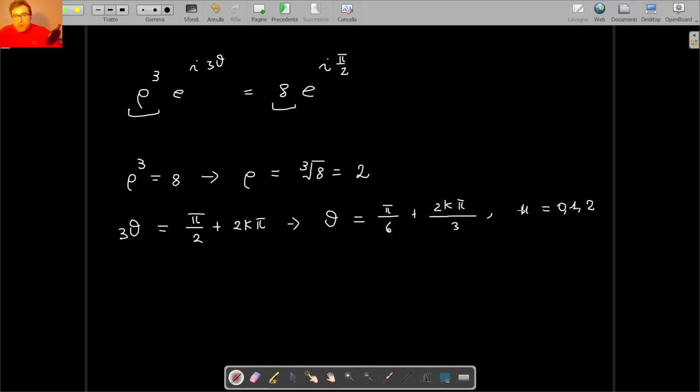Basically the periodicity of this function is inherited from the periodicity of the trigonometric functions, and we have to go from k equal to 0 to k equal to n minus 1, and then we collect exactly n distinct roots. Okay, perfect. This was the first exercise and we have solved it.